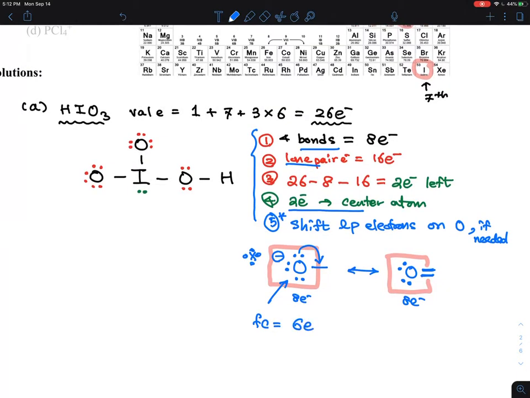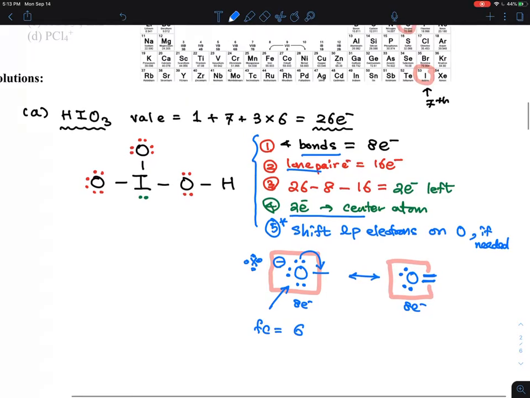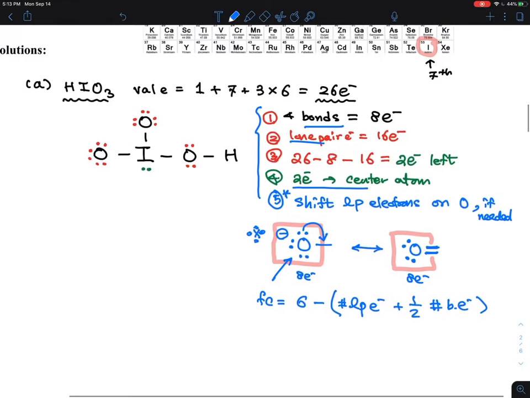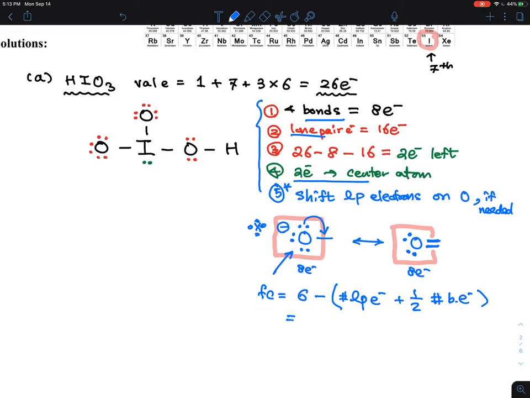So you have 6 electrons, minus the number of lone pair electrons, plus half of the number of bonding electrons. Okay, so that's what people use.